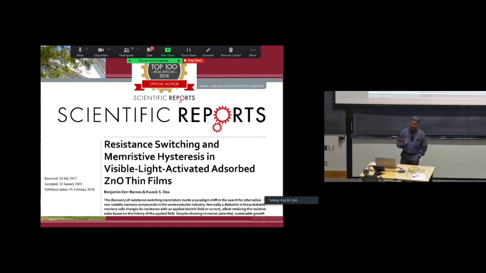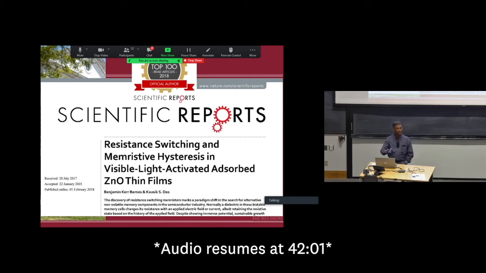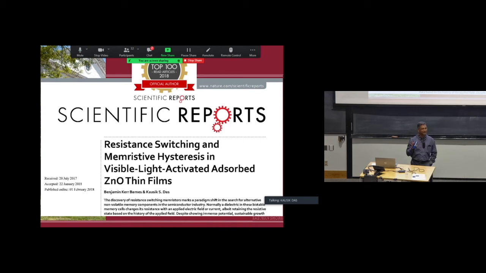Now, the story does not end here. The surface gets modified, and then if it changes its character, you can say that it's a surface effect.